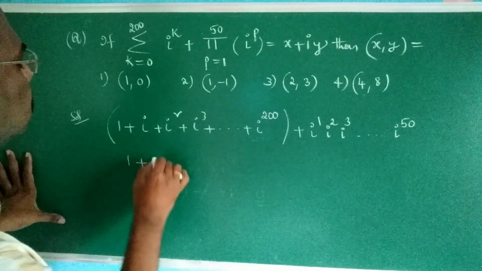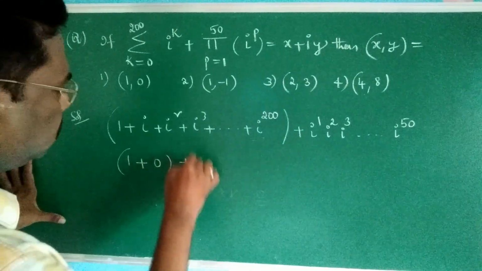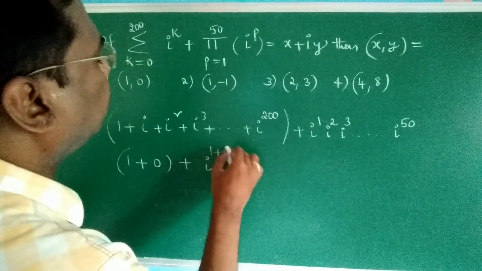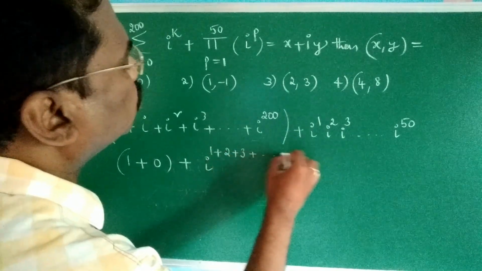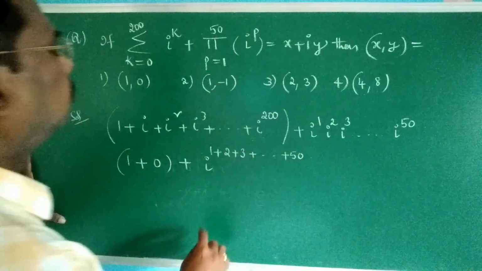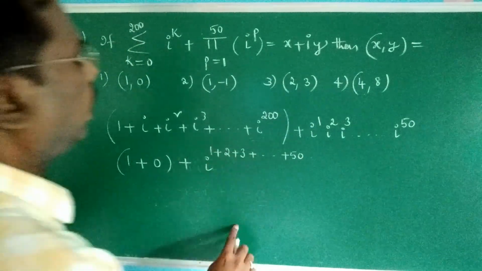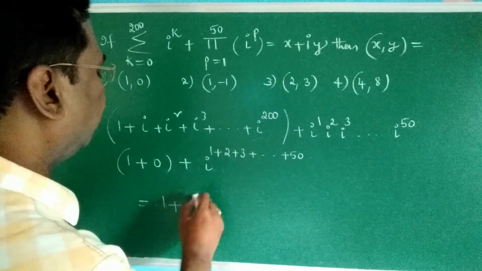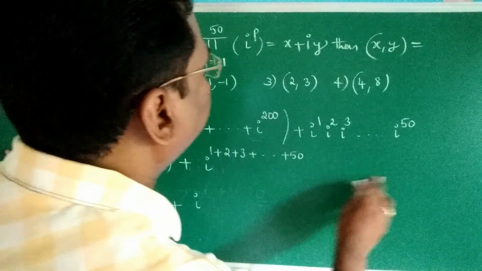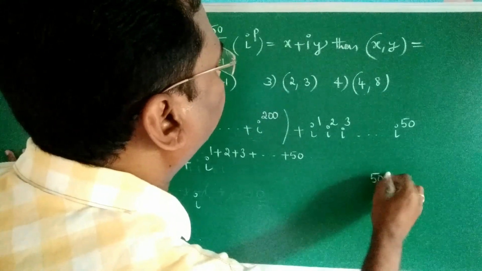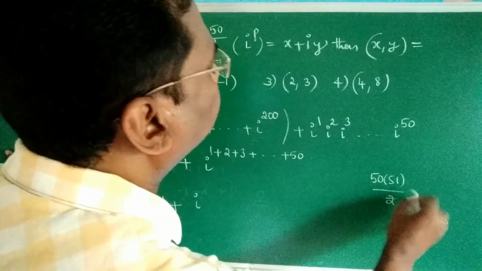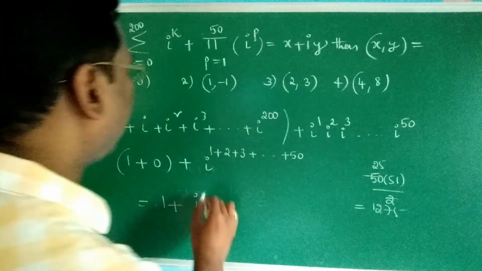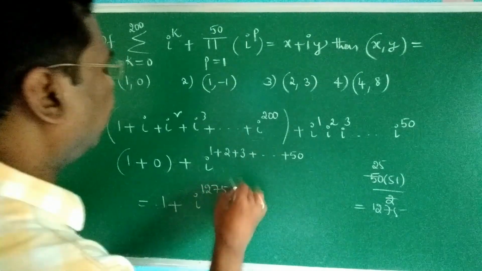Now 1 plus 0 plus, for the product, the bases are equal so the powers should be added: 1 plus 2 plus 3 up to 50. Sigma n is n into n plus 1 by 2, which is 50 into 51 by 2, that is 1275. So 1 plus i power 1275.